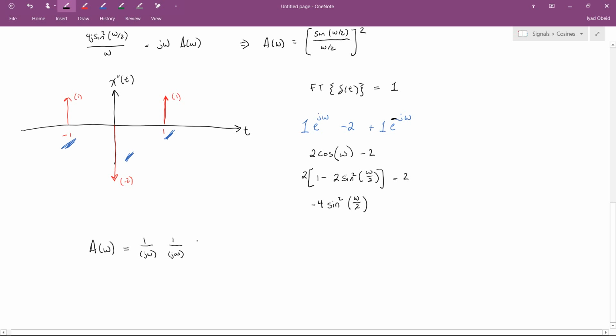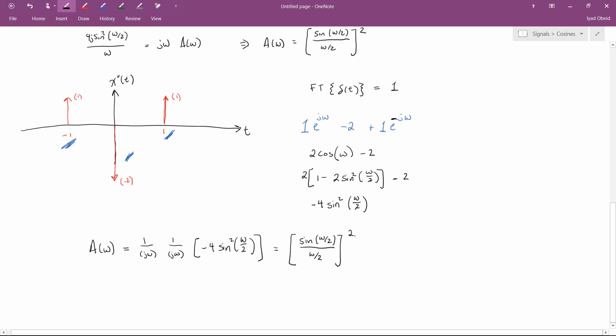And it's going to be that times minus 4 sine squared of omega over 2. So let's see, the j times the j gives me -1, which cancels out the minus 4, and that's going to leave me with sine of omega over 2 divided by omega over 2, the entire quantity squared, which is exactly the same thing that we got before.